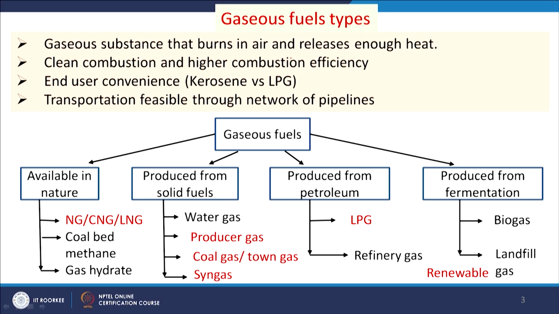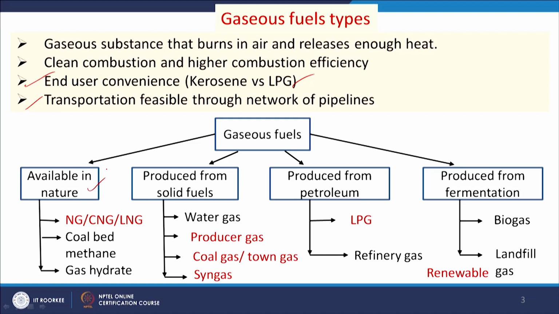The use of gaseous fuels offers user convenience, for example kerosene versus LPG. Obviously, we will prefer LPG for cooking purposes, and it is transportable through a network of pipelines. So, gas can be transferred from one place to another by pipeline.